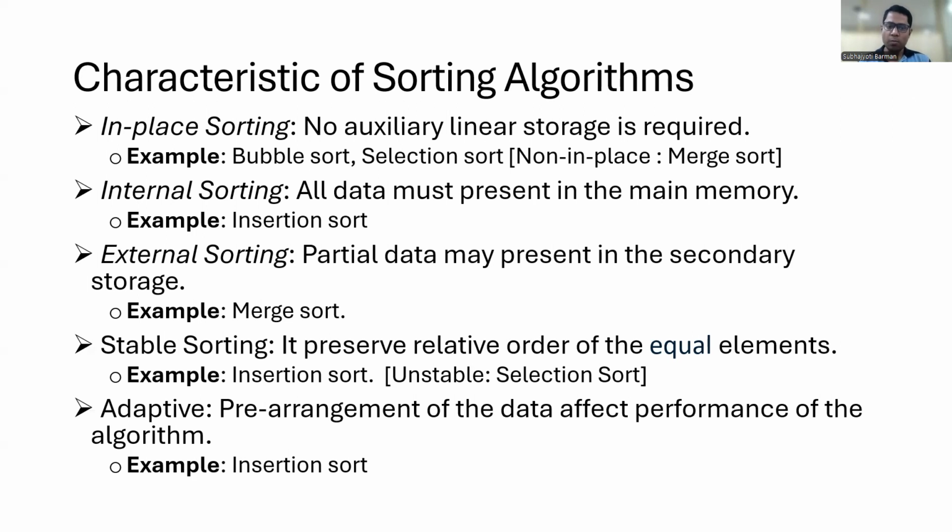This data is almost sorted, right? Only one element is not in its correct position. In such a scenario, an adaptive algorithm should take less time. That means pre-arrangement of the data affects the performance of the algorithm. Insertion sort is an adaptive algorithm, so if we provide almost sorted data, the adaptive algorithm will take less time to perform the sorting.